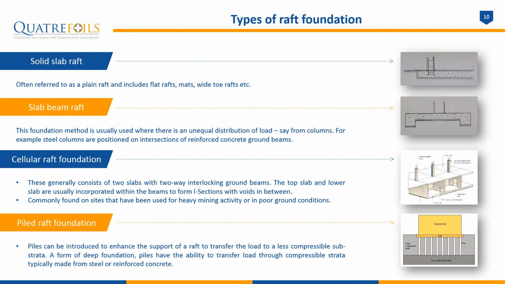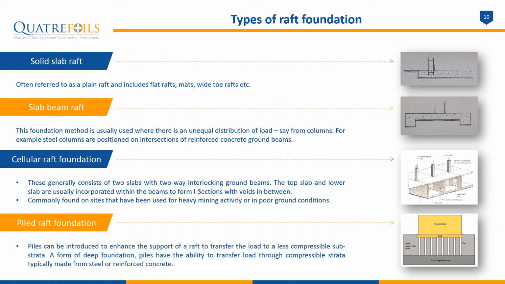So we've provided here an overview of the different types of raft foundations. The first here, being the most common, is just the basic solid raft slab. Next we've got a slab and beam raft. This method is used where there's an unequal distribution of load, for example from columns. The third one down is a cellular raft foundation.